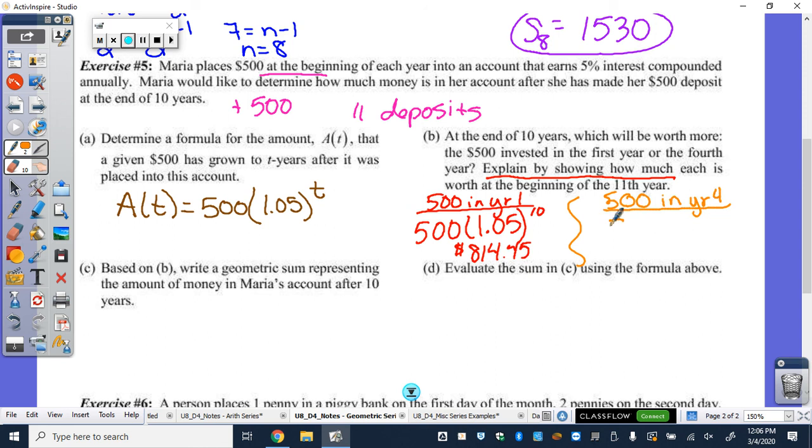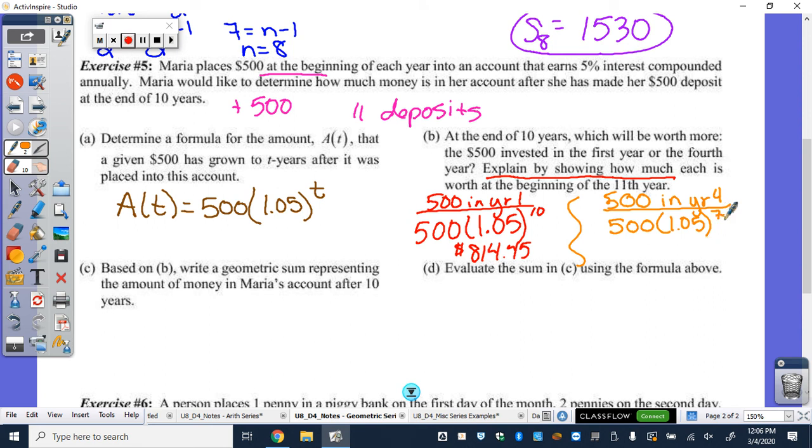So our 500 in year 4. How many times does that one earn interest? You would think it's 6. It'd be 7, because at the end of year 4, and then 5, 6, 7, 8, 9, 10. It actually earns interest 7 times.